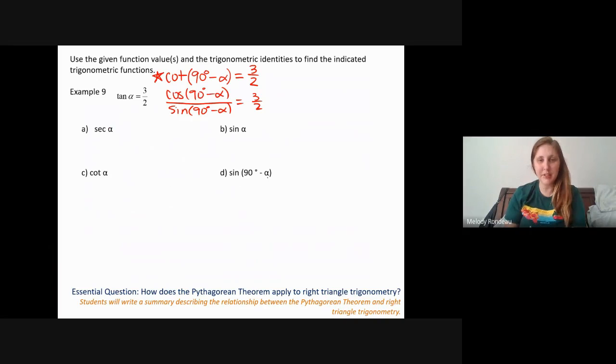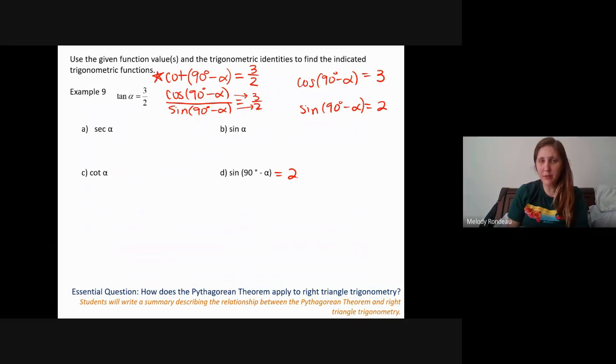I see in my list that I'm supposed to figure out what sine of 90 minus alpha is. If I look at this literally straight across, I have a fraction equals a fraction. That means that cosine of 90 minus alpha has to equal 3, and sine of 90 minus alpha would also have to equal 2. So I have the answer for this one.